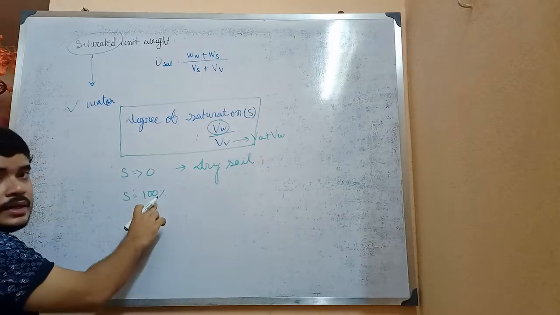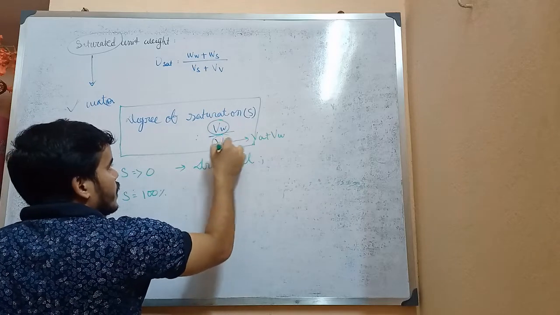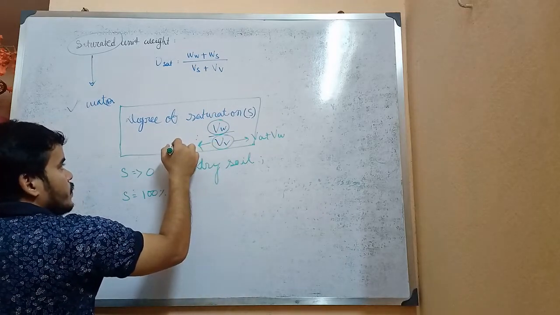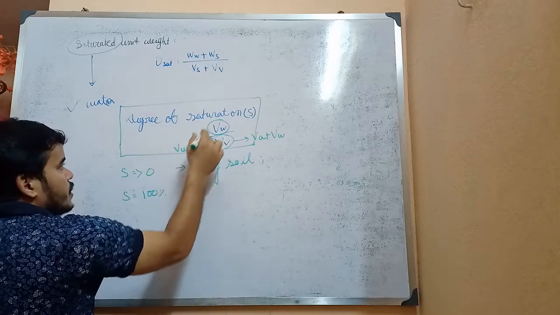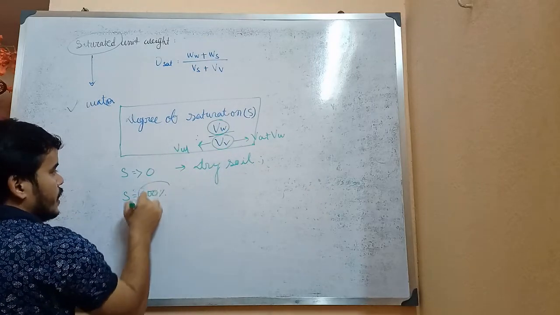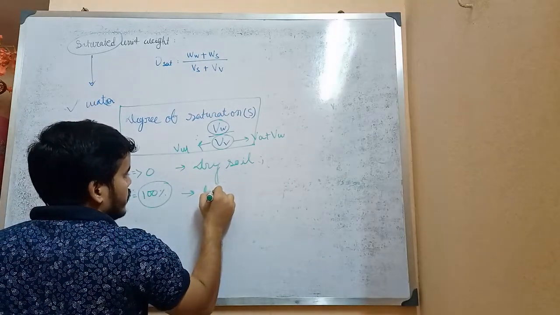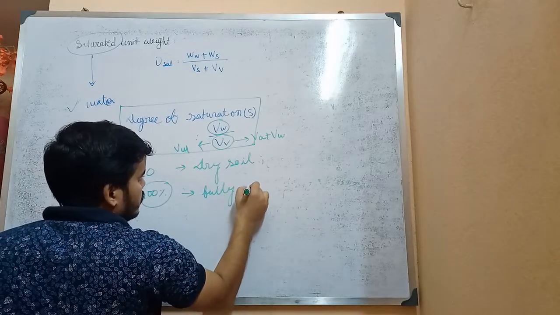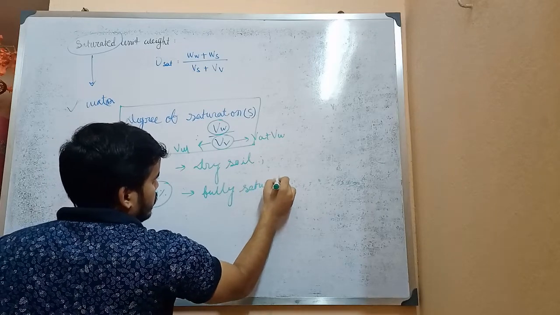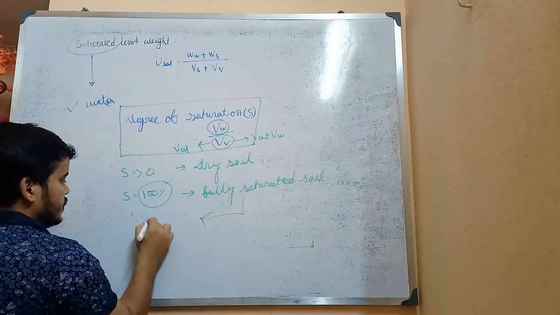Then the total volume of void will be volume of water, so Vw by Vw will be 1, which is 100%. This is called fully saturated soil. This is gamma sat.